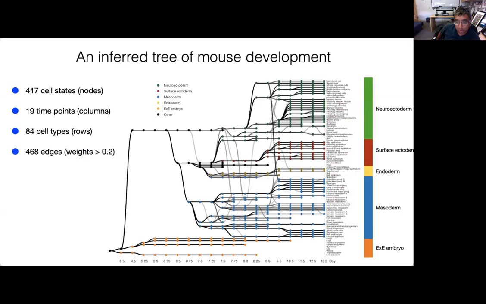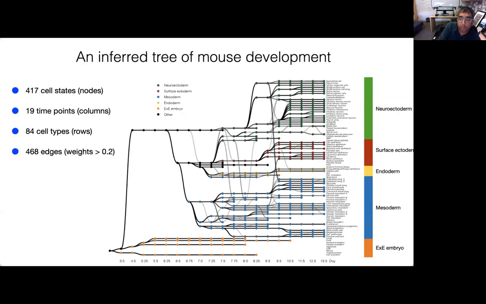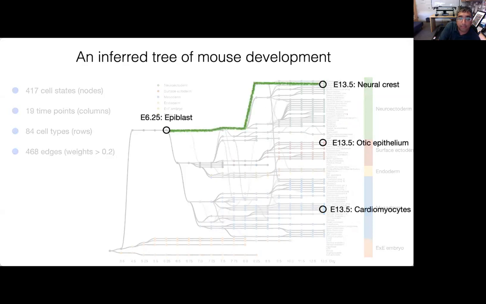The things I like about this approach are that it's data driven and automated, and yet we still get a reasonable view of development that largely, not perfectly, but largely corresponds to what we might have expected, including self-organization of the data into germ layers. The germ layers are shown in the colors on the right, and we're able to infer back paths that might have led to different cell types.